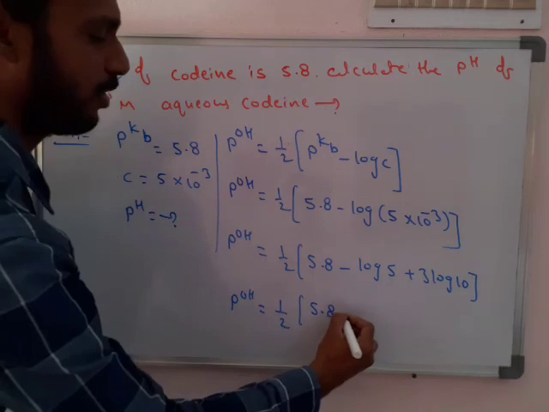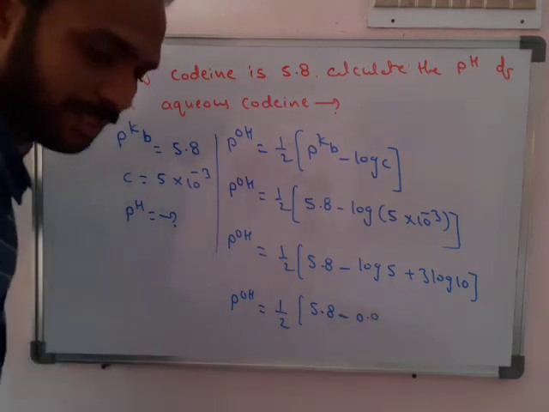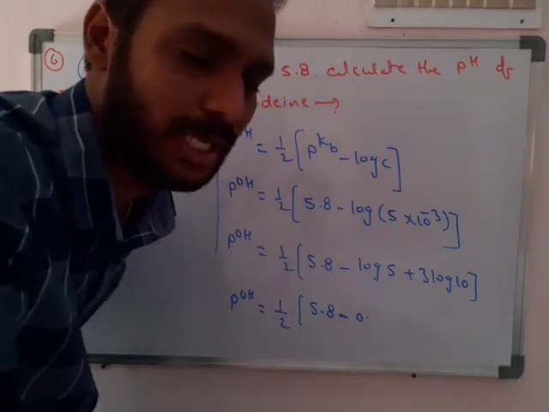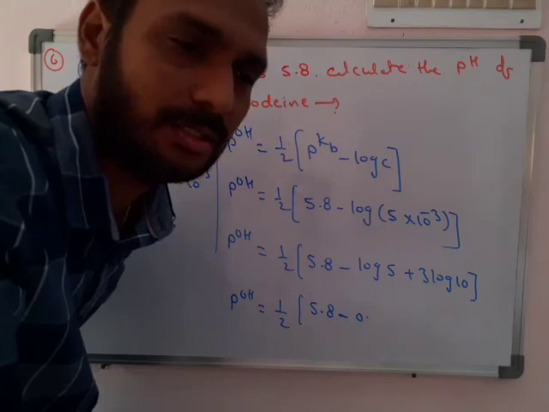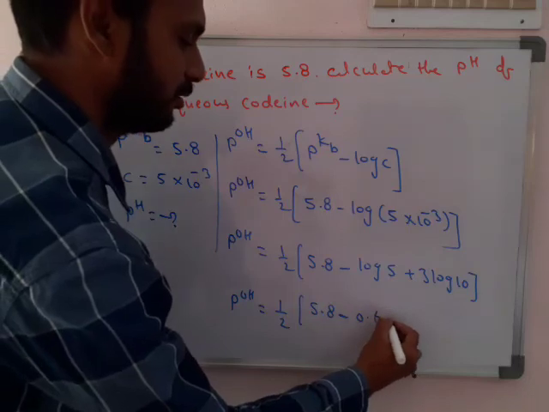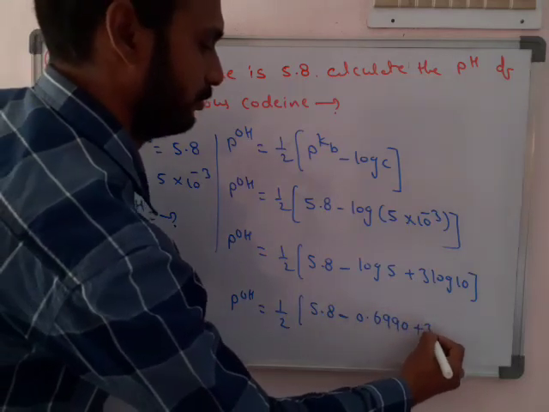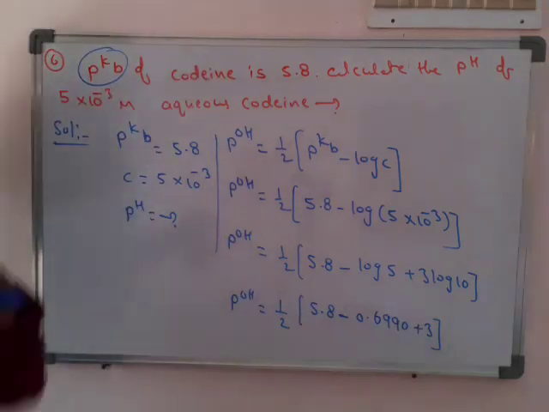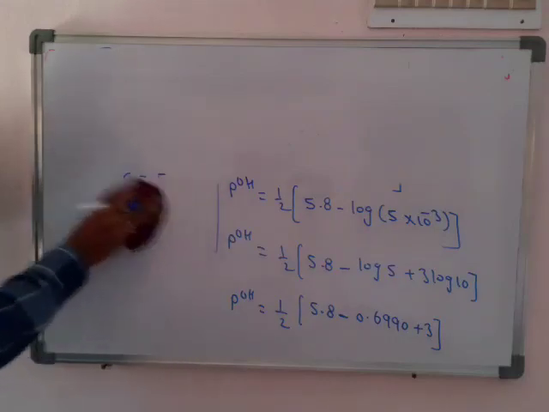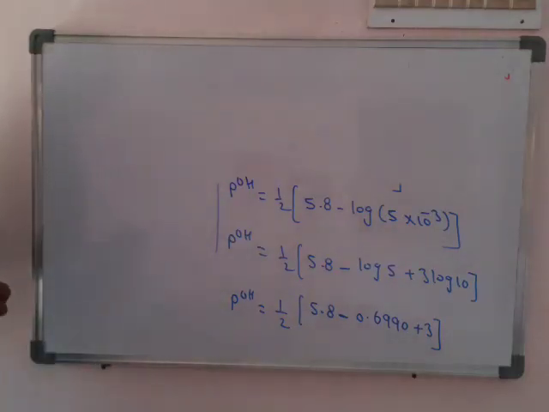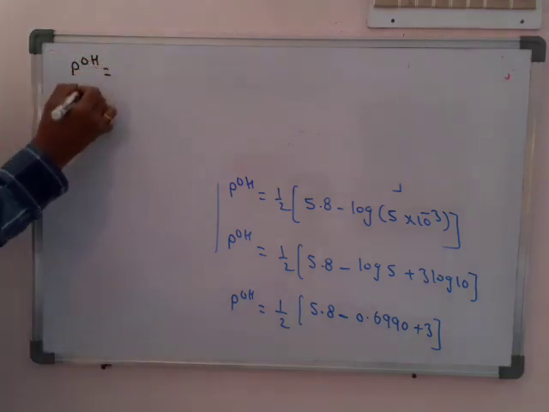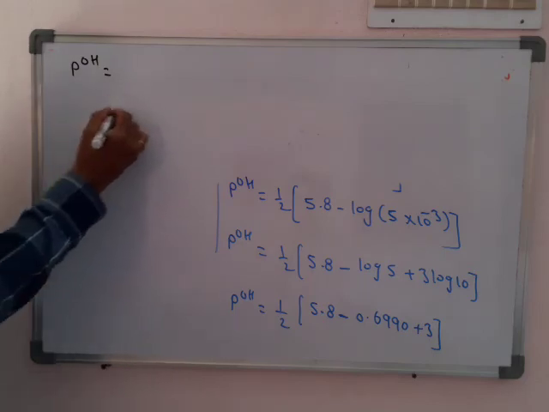So the pOH is equal to half into 5.8 minus log 5. So we have to know at least the logarithm values for 1 to 10. So today in the last 2 minutes I will give those logarithm values up to 10. Therefore, the pOH is equal to how much?